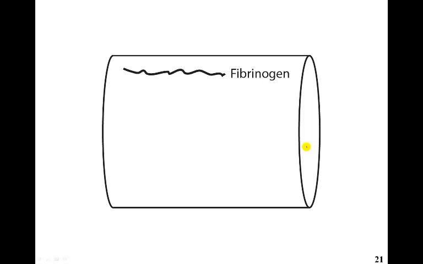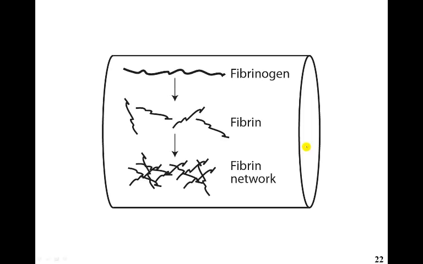However, fibrinogen can get cleaved into a smaller protein called fibrin. And fibrin is very different. Fibrin is very adhesive to itself. As soon as fibrinogen is cleaved to fibrin, the little fibrin molecules immediately stick to one another and form a network, the fibrin network, and that's the core of the blood clot.